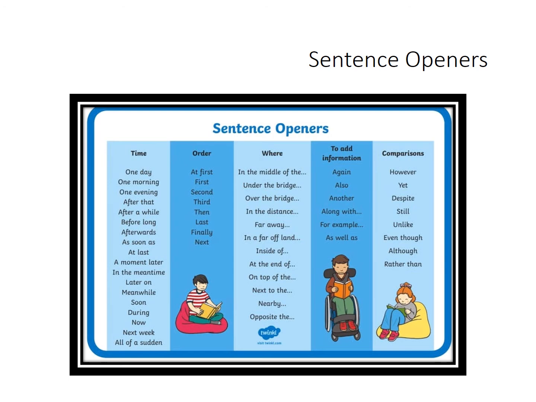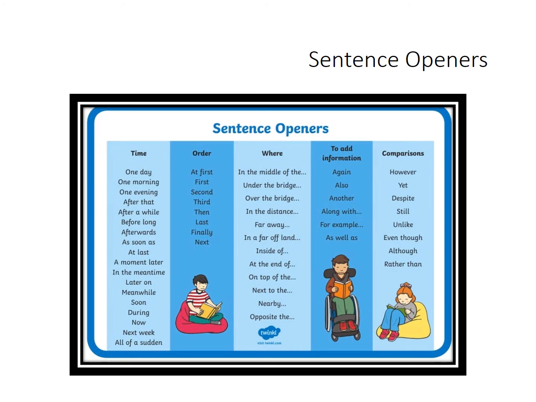Like one day, one morning, one evening, after that, after a while, soon, during, but don't use next week because this is future. And here to organize the events of the story: at first, second, third, then, last, finally.